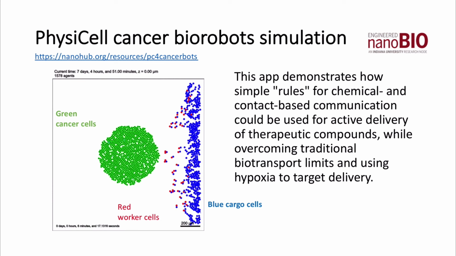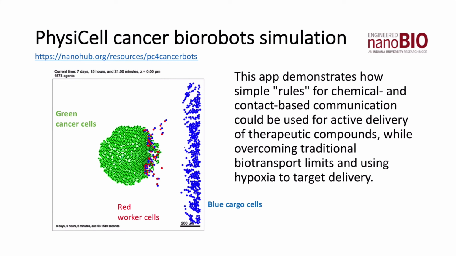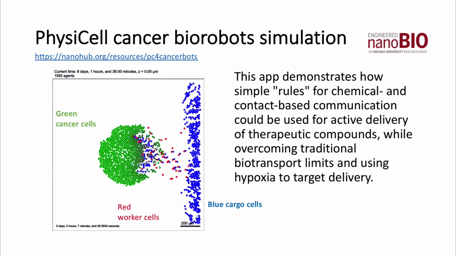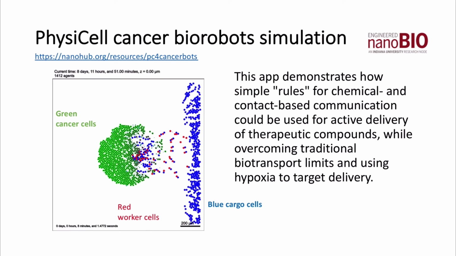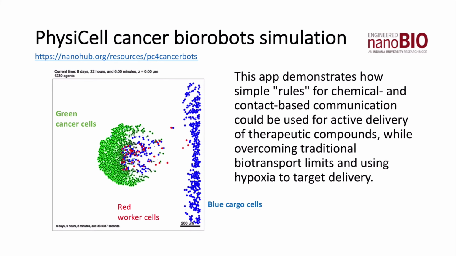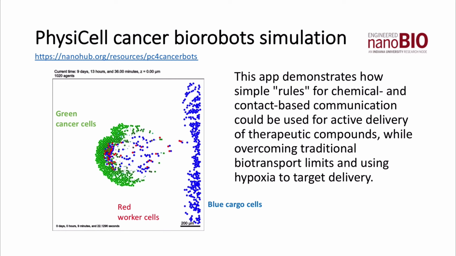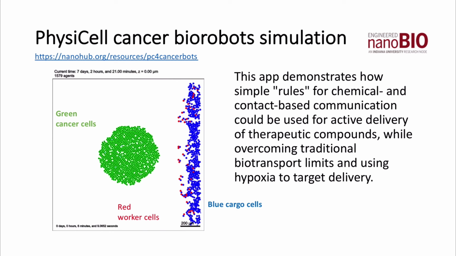The second example demonstrates how simple rules for chemical and contact-based communication could be used for active delivery of therapeutic compounds while overcoming traditional biotransport limits and using hypoxia to target delivery. In this app, the cancer cells are shown in green, worker cells are shown in red, and actively transport blue cargo cells that kill the cancer cells.